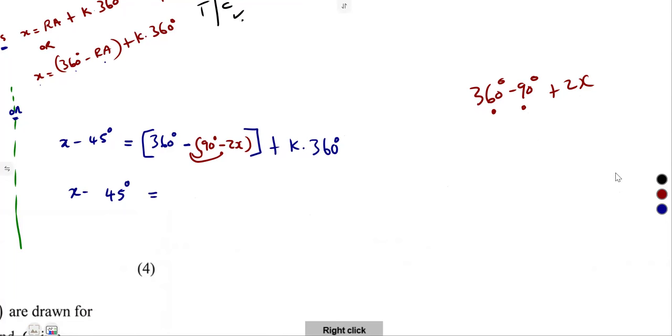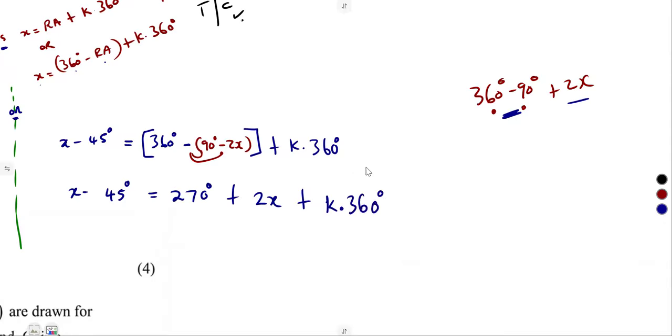You can even just combine those two guys, all right? So that's 270 degrees plus 2x plus k times what? 360 degrees. Collecting the like terms, just like the previous case, we can take this to the other side. It's going to be a negative x minus 2x, which is minus x.